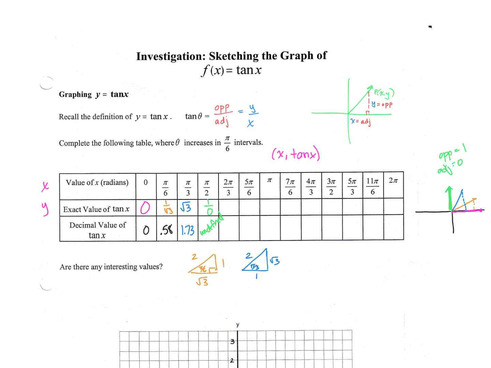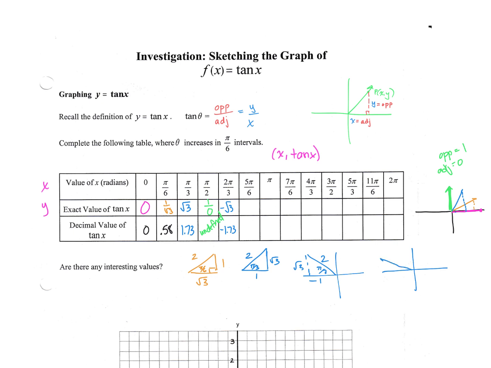Then let's continue to rotate. We know that 2 pi by 3 is now in our second quadrant, and tan is negative in that second quadrant. So I'm going to be at a negative root 3. I can continue to work along my unit circle to unravel all of those values.